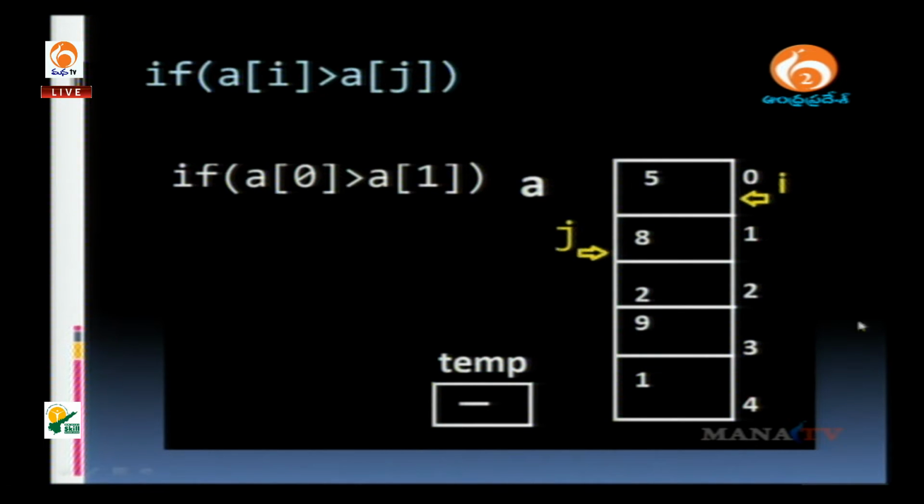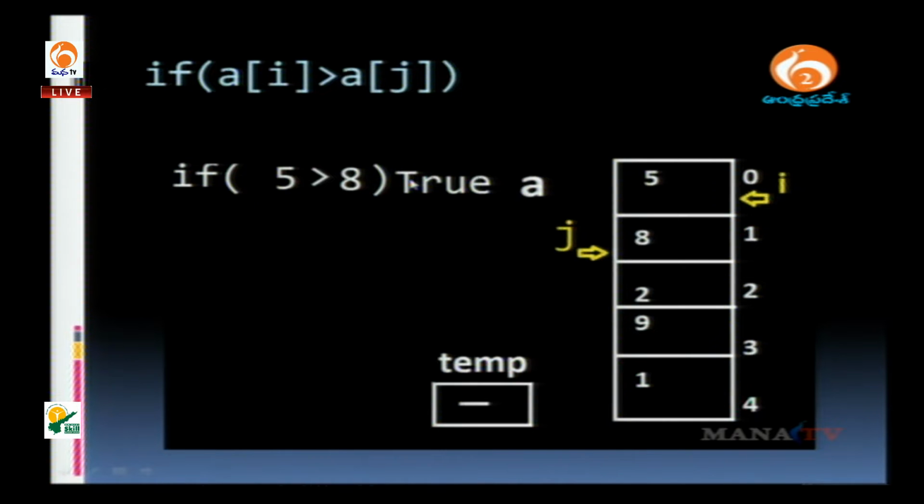So a of i is a of 0, and a of j is a of 1. Is a of 0 greater than a of 1? A of 0 means 5, and 5 is greater than 8, which is false.